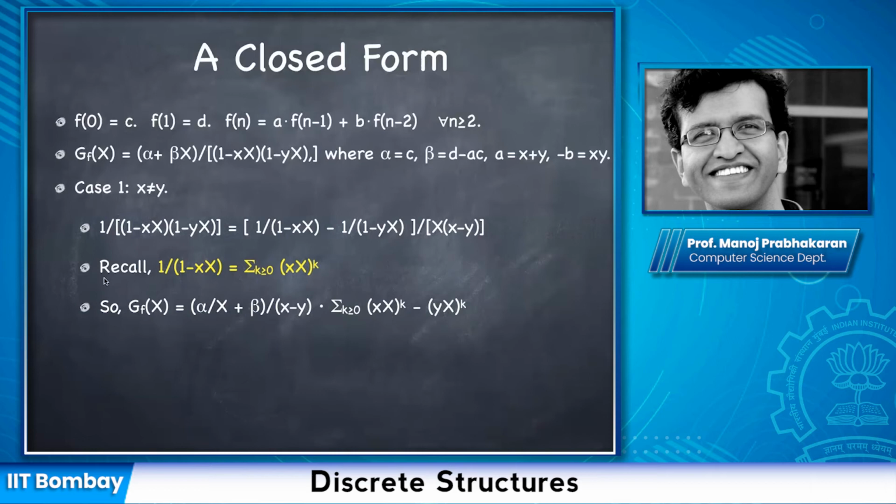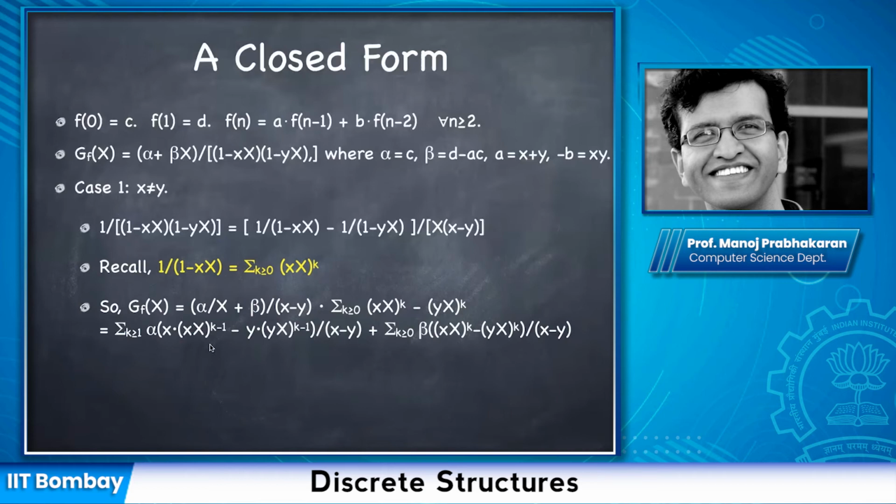Okay, so this is my generating function, and now I'm interested in the coefficient of X to the power k. As you can see, this beta would just give me x to the power k minus y to the power k times beta divided by x minus y. Here there will be a shift of variables, so I'll get X to the power k minus 1.